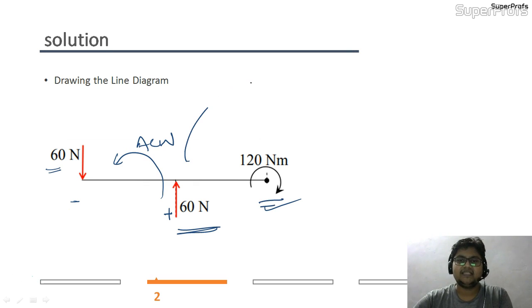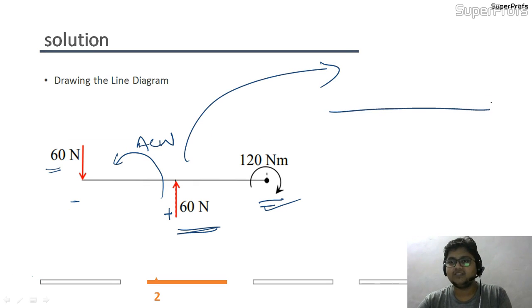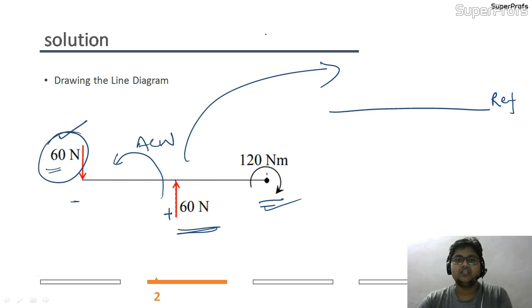From this diagram itself, we will be able to draw the shear force diagram. Suppose this is my reference line and I have to draw the diagram from this reference line. As this 60 is acting downward, from the relation LURD, left upward is positive, so left downward will be negative.